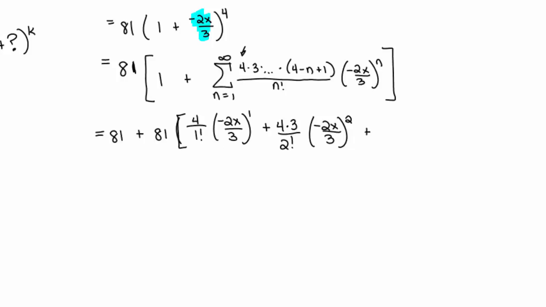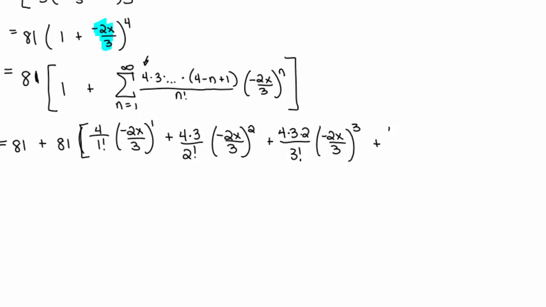Plus, now I know the pattern, right? 4 times 3 times 2 over 3 factorial, negative 2x over 3 cubed, plus 4 times 3 times 2 times 1. I'll actually write that because there's a reason. Over 4 factorial times a negative 2x over 3 to the fourth.